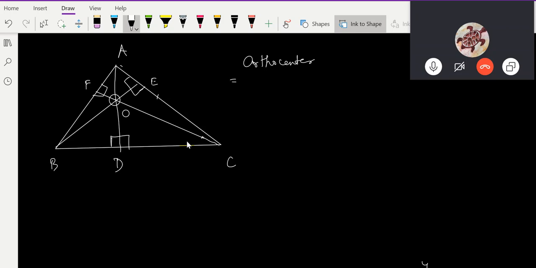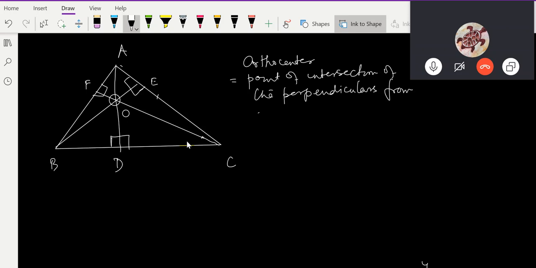Orthocenter is the point of intersection of the perpendiculars from each vertex to their opposite sides, right? This is the meaning of orthocenter.